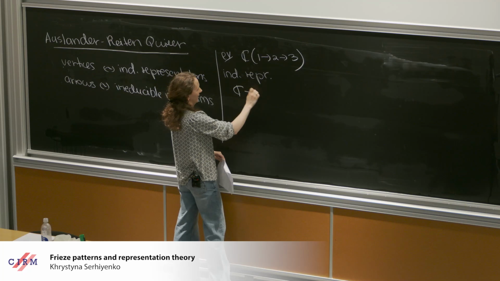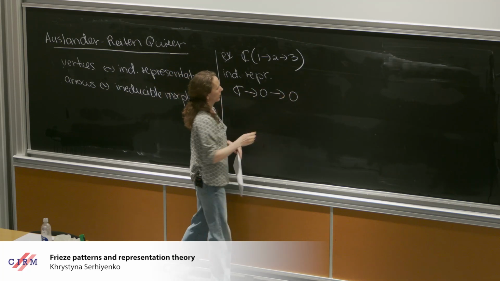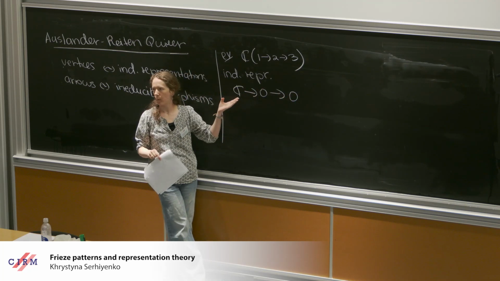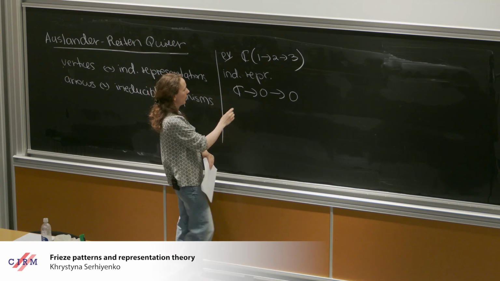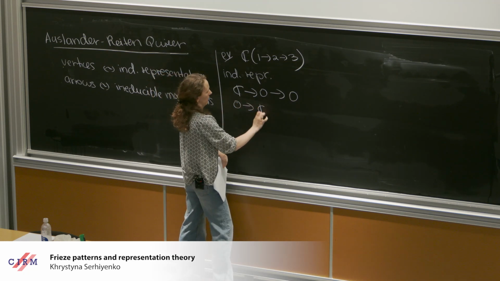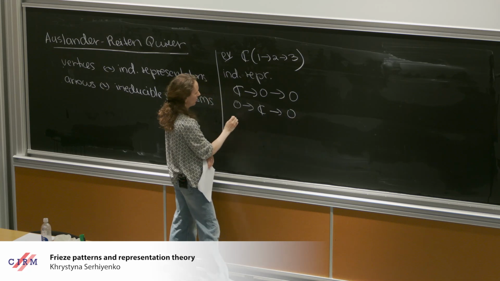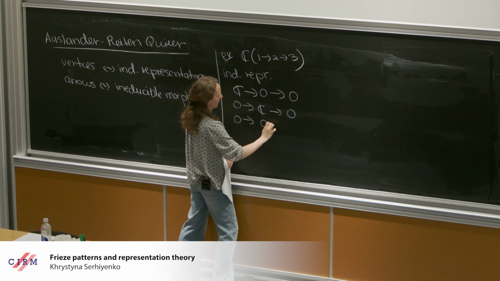So for today's lecture, all the representations are very nice. Okay, so it is not hard to see that this is indecomposable. It's one-dimensional. You cannot decompose it any further. It's a simple representation. You also have one at vertex 2. You also have another at vertex 3.